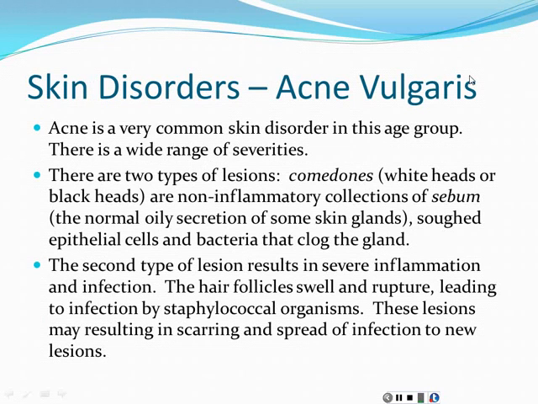All right. Acne. I think many of us are very familiar with this on a personal level from when we were teenagers, but there are two main types of lesions. The comedone is the whitehead or blackhead. These don't have redness and swelling attached to them because they're not inflammatory.